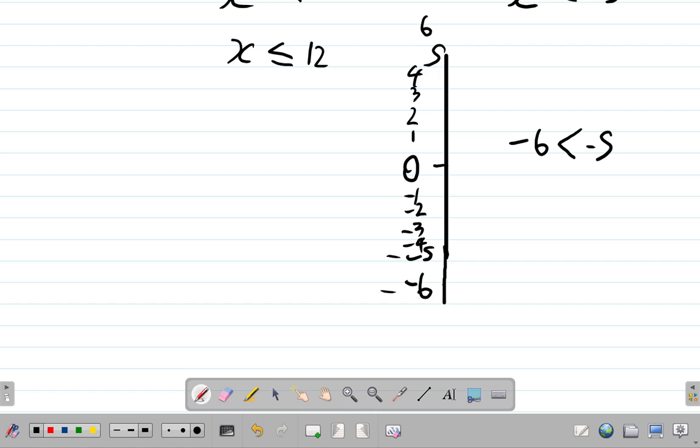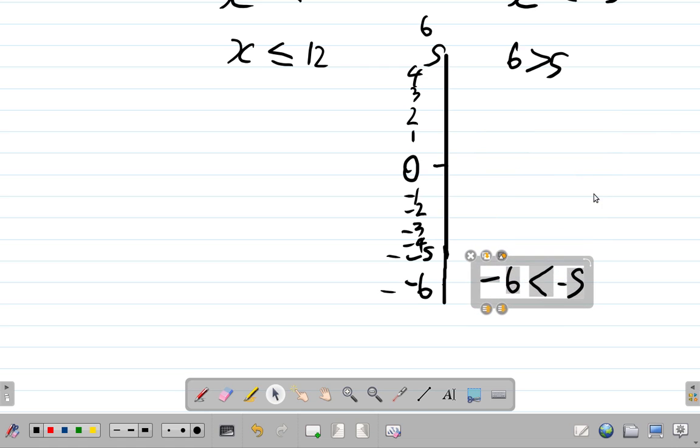But up top here, as you can see, 6 will be greater than 5. So what you really have here is a situation where negative 6 is below negative 5, but up here positive 6 is above positive 5.